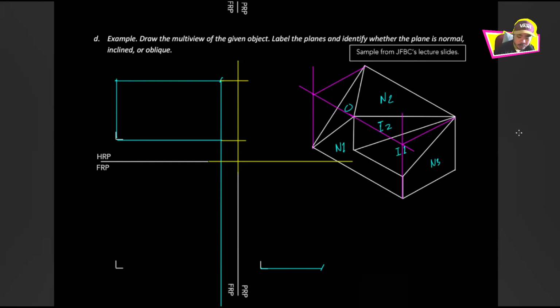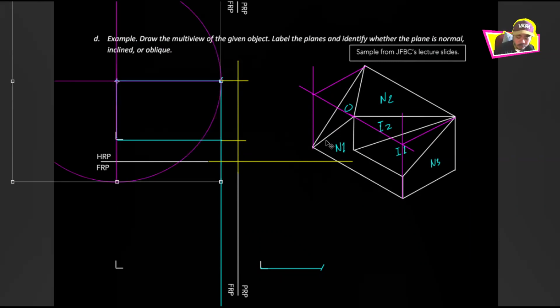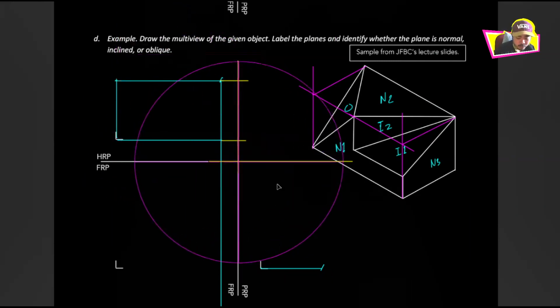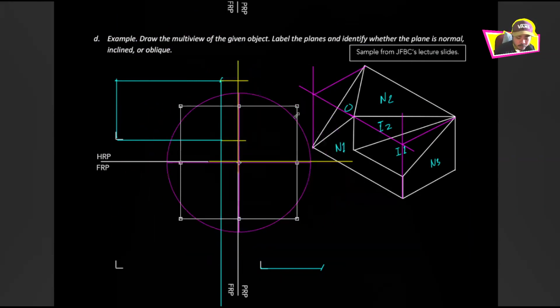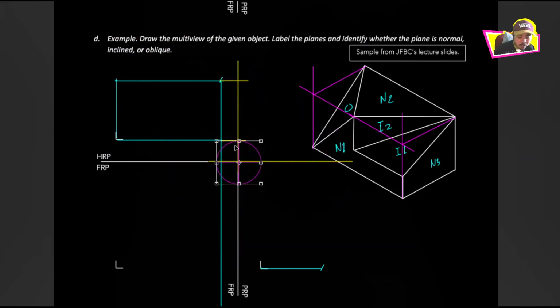Tapos the way the method works is, kukunin niya yung compass niya. So he'll draw something like this, no? So kunwari ganyan. So from this part, i-drawing niya, yung compass niya, i-open niya hanggang dyan. Tapos i-drawing niya papunta dyan. So kumbaga, essentially what he's doing is, nililipat niya yung distance na to papunta dito sa part na to.